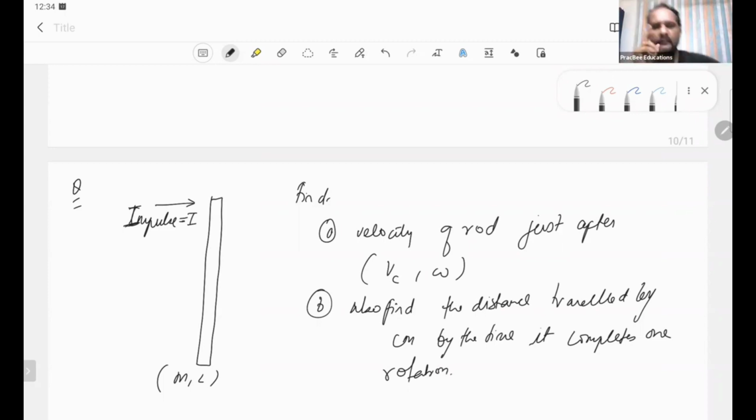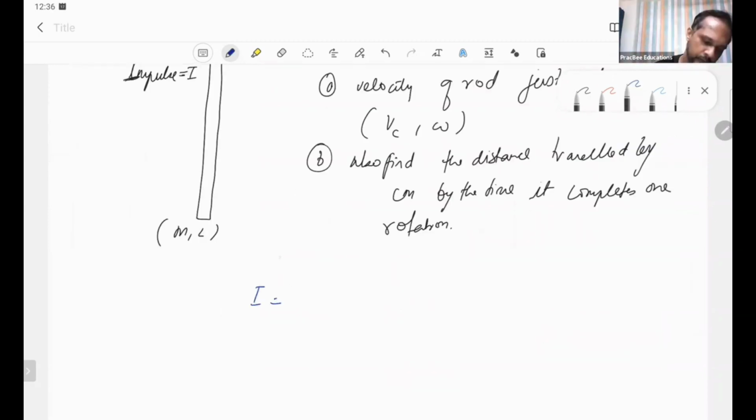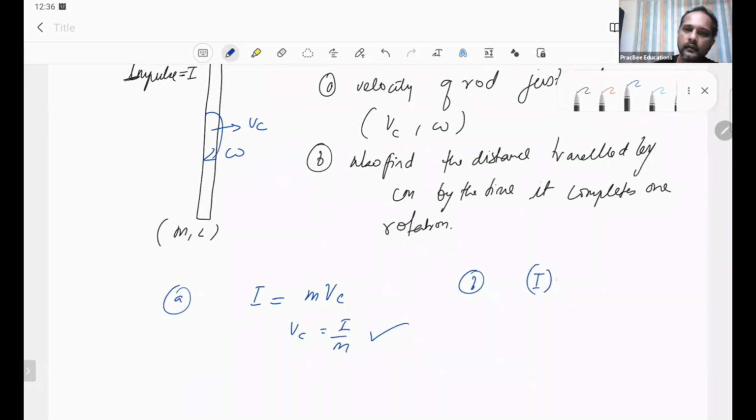Okay. So I is given, M is given, L is given. This will move, so VC will come, plus it will be rotating like this. So I is equal to M into VC. So VC is equal to I over M. Excellent. I into L by 2 is equal to delta L, let's say.